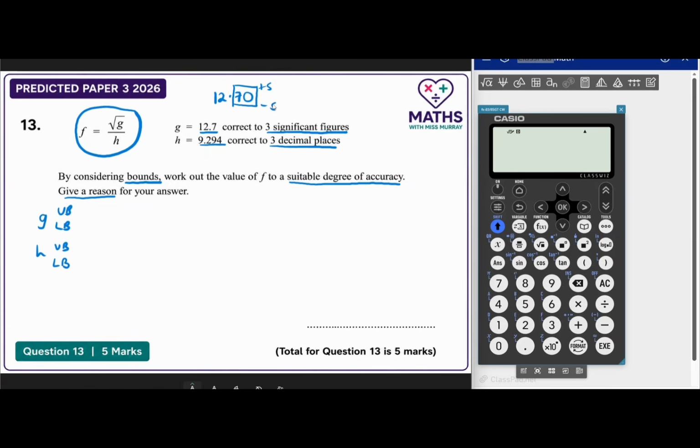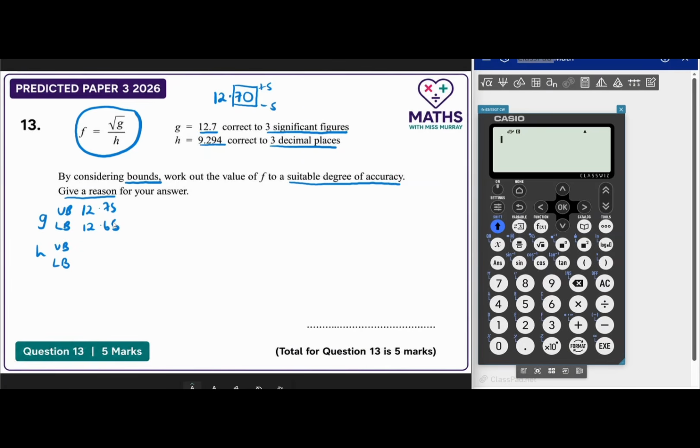So 75 and 65. So it's going to be 12.75 and 12.65, because that would have been 4 significant figures then rounded to 3. So now if I do H, I have got the same thing.